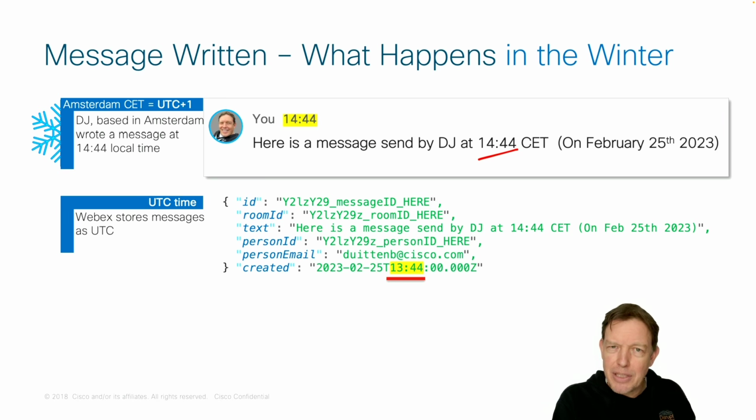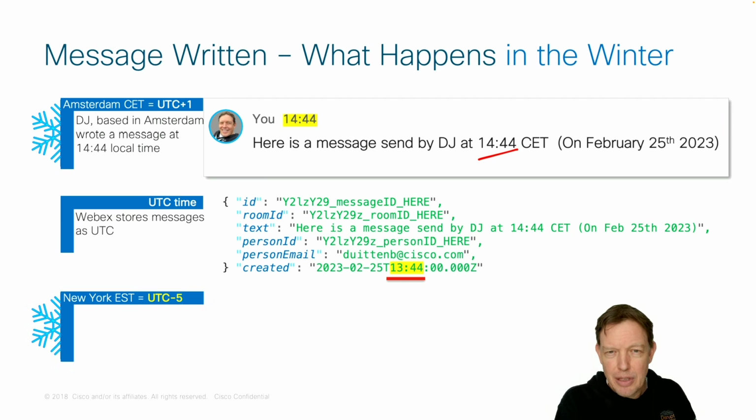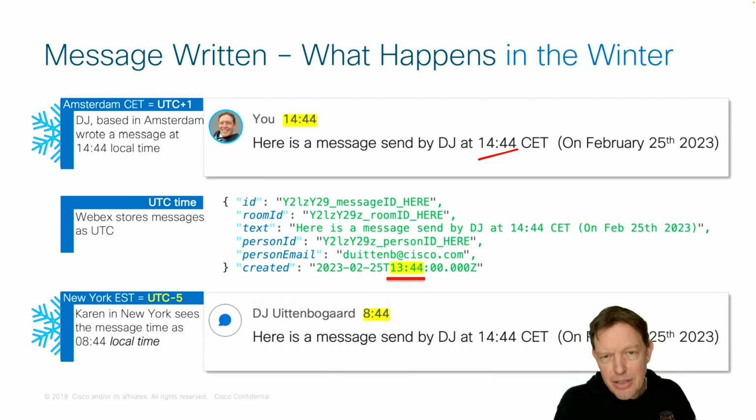So I've written the message at 2:44, and it is stored at 1:44. If Karen looks at this message in Eastern Standard Time, which is UTC minus 5, then 1 o'clock minus 5 hours is 8:44.